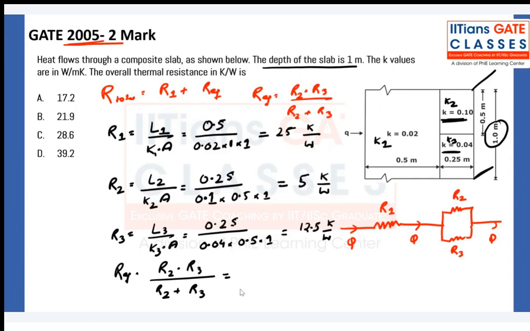So this you will get 3.57, and this is already 25, plus 3.57. So the answer is 28.6. That is correct. Very nice. Sean, you have lagged behind. Shruti has left you behind. Okay. Chalo. Vijaya, why are you not answering?